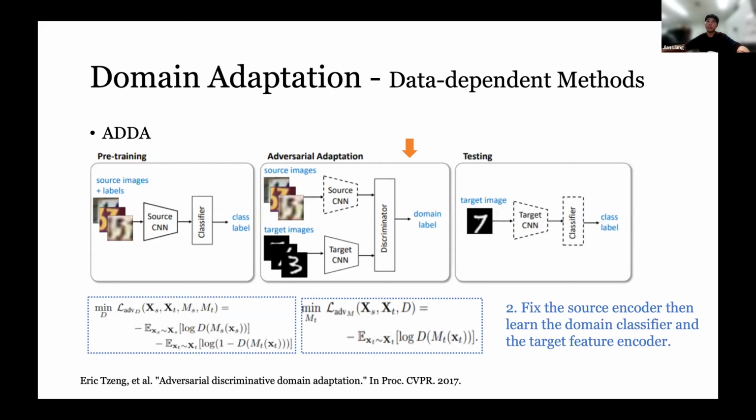In the second step, for the new unlabeled target images, we introduce a new feature encoder called the target CNN, and another module called the discriminator.